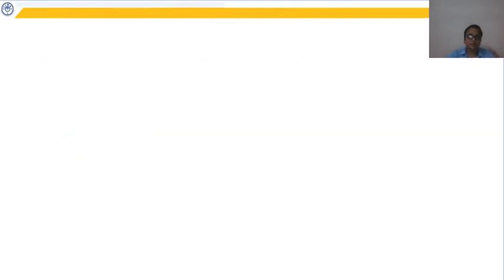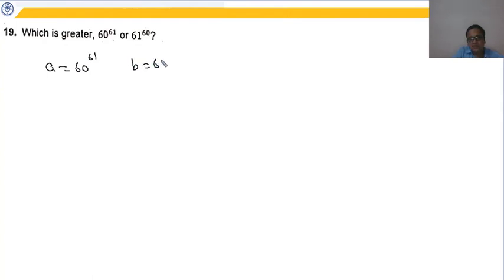Now, question number 19. It says, which is greater? This we have to find: 60 to the power 61 or 61 to the power 60. Now let's assume A is 60 to the power 61 and B is 61 to the power 60. An assumption we are taking.